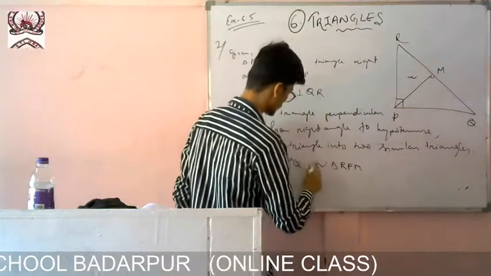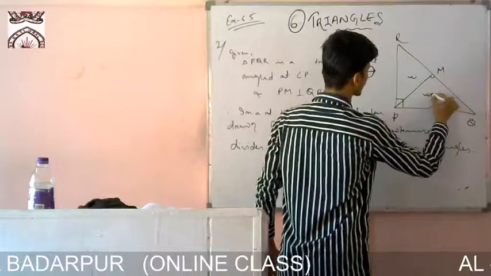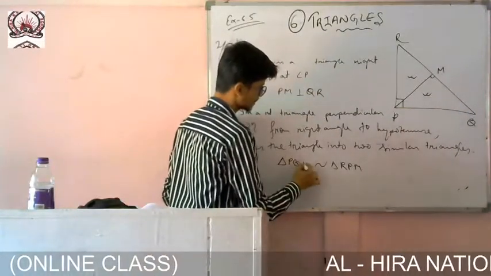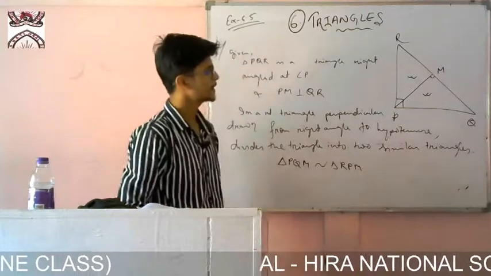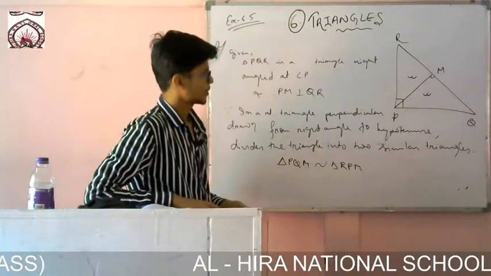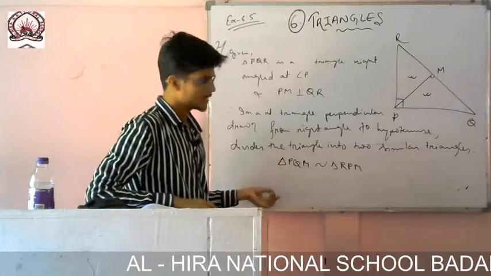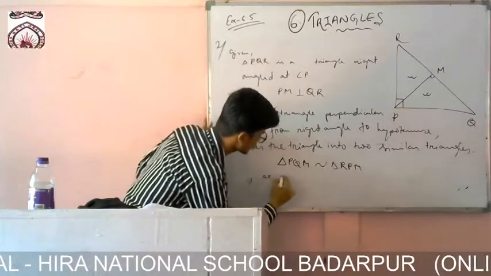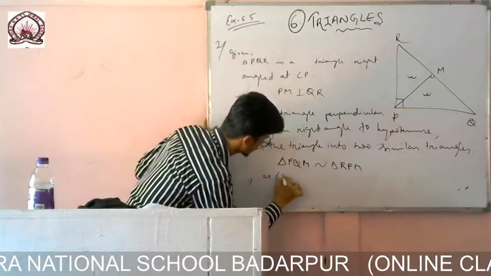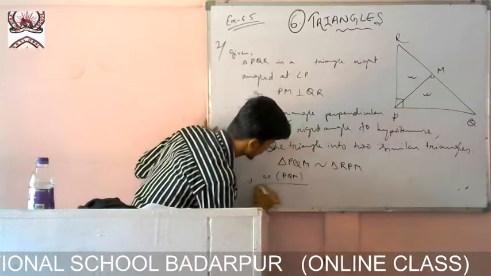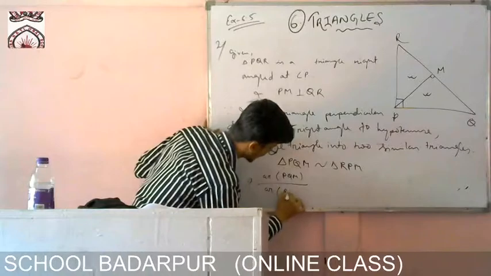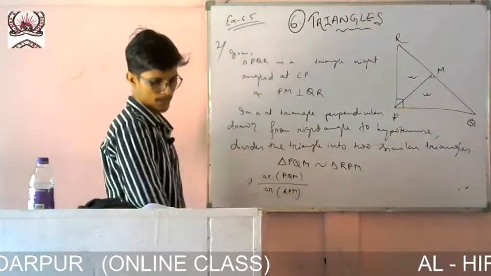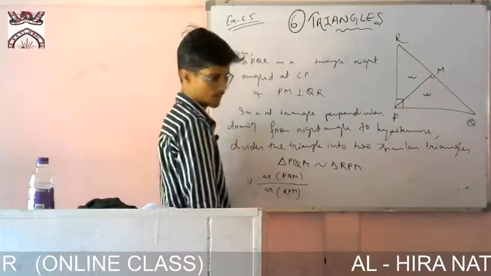Let us take these two. So triangle PQM is similar to triangle RPM. That means the areas of these two will be in the ratio: area of triangle PQM by area of triangle RPM.